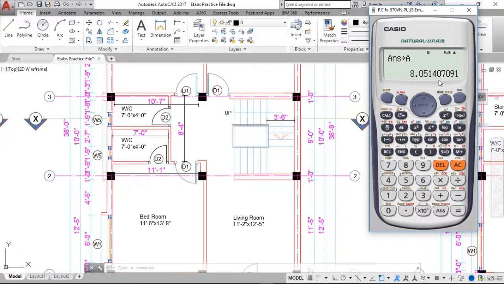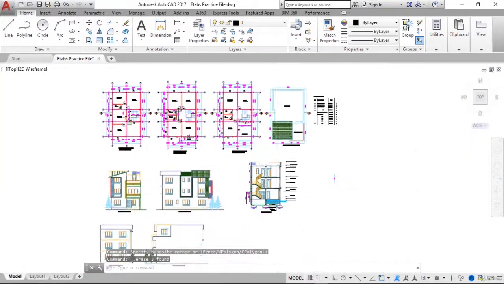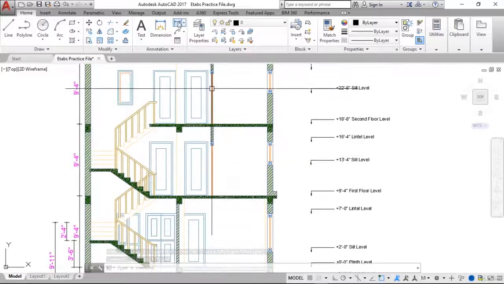So after that, if we multiply this length with the breadth and the height, we'll get the volume of these brick walls, right? So the width of these brick walls is 0.11, because it's a half brick wall, and to find the height, we have to go to the section of the building. Okay, so let's measure the value.